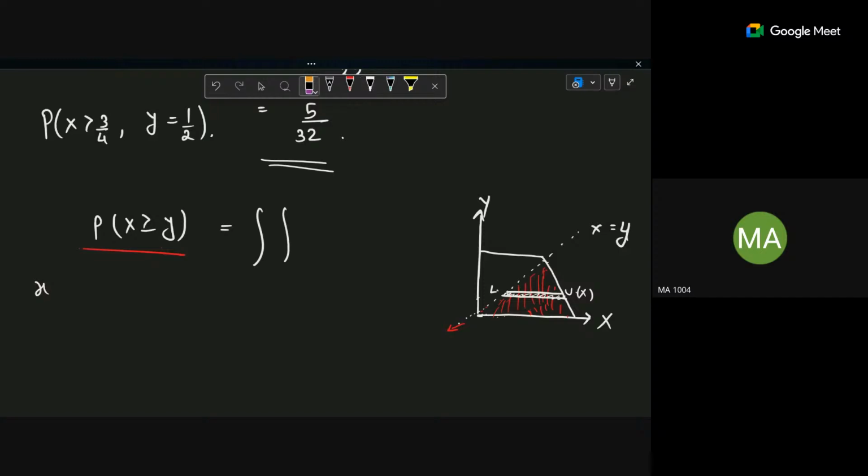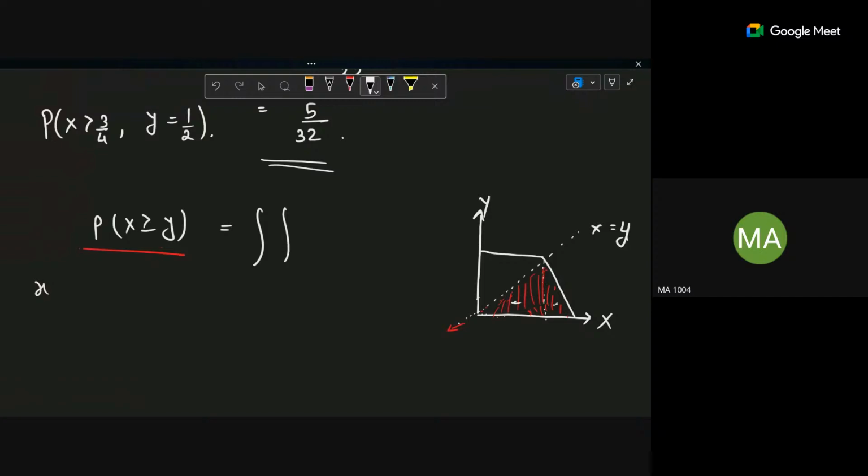Similarly, if someone says, don't take the horizontal one, take the vertical one, at that time the limit changes for y. But in this case, we will not prefer the vertical line, because then you have to separate this into two parts again, this part and this part.